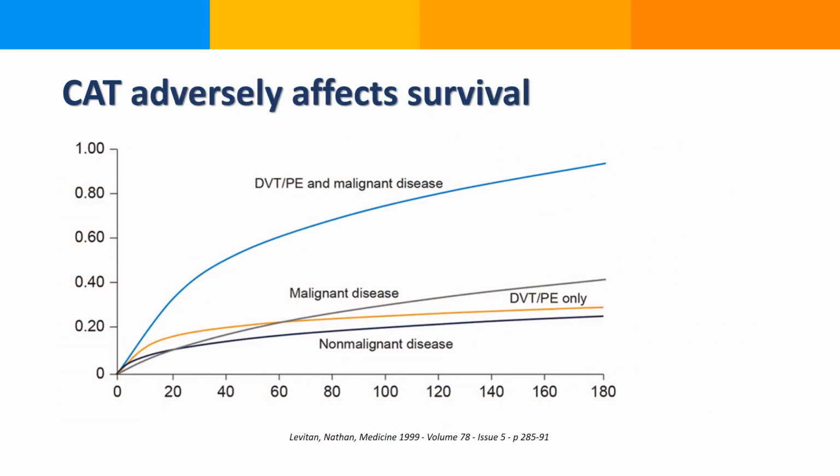CAT, of course, adversely affects survival, with higher mortality noted in the group of combined venous thromboembolism and malignant disease when compared with those with malignant disease only, venous thromboembolism only, and non-malignant disease.